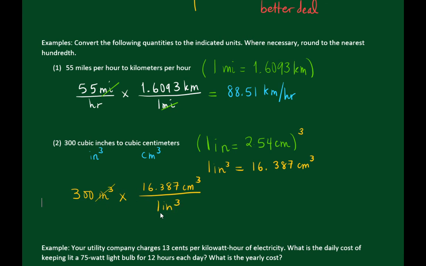These two cancel, and if you multiply, you get the answer: 4,916.12 cubic centimeters. So just be careful. These are volume units, and the other one is length, but if you cube, then you get the conversion factor between those cubic units.